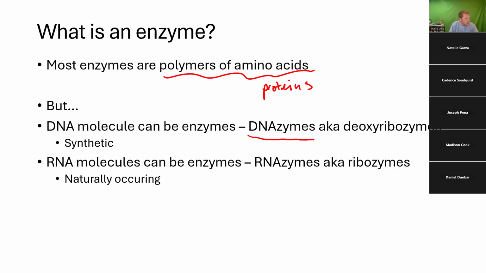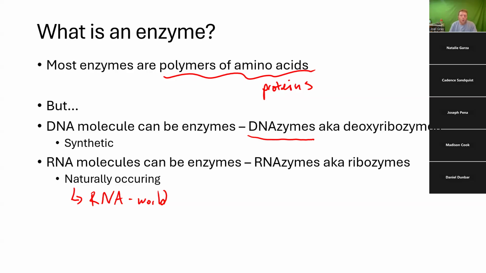And if you've ever taken an evolutionary biology class, this is maybe one of the things that you talked about in terms of the RNA world. Basically, from an evolutionary standpoint, the first compounds that existed were RNAs, and they catalyzed reactions that gave rise to larger molecules, which gave rise to larger molecules, which gave rise to life.